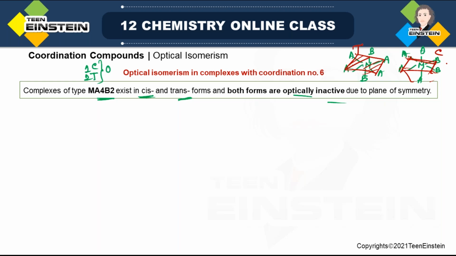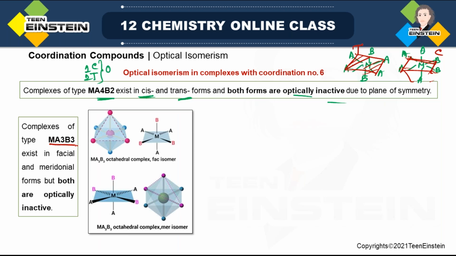Actually, sometimes you may get more than one plane of symmetry, but to be optically inactive, just one plane of symmetry is enough. So if you find just one plane of symmetry, you don't have to search for any second or third. One is enough so that you can say it is optically inactive.